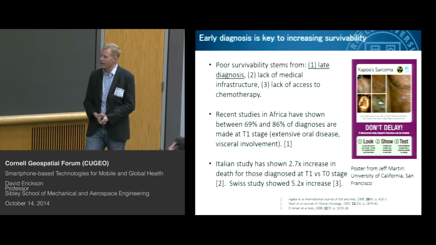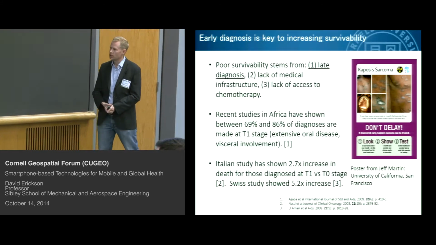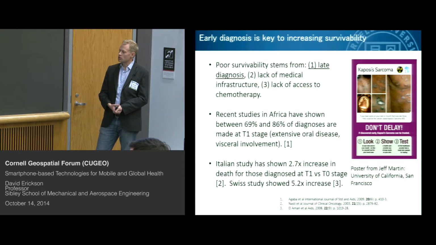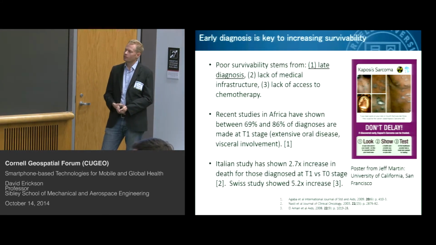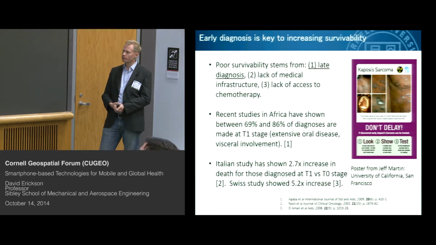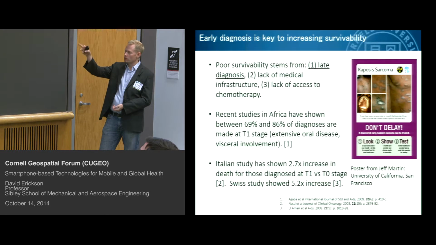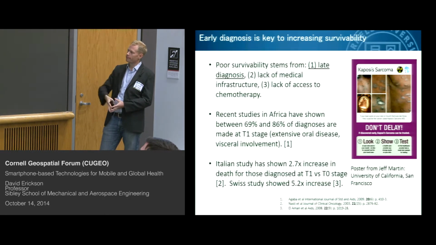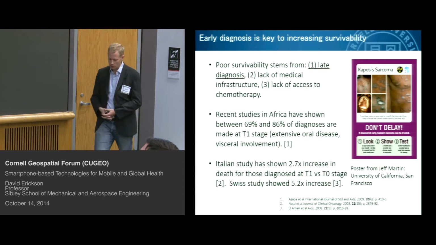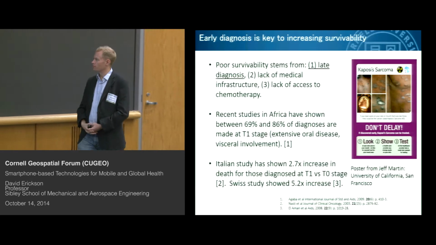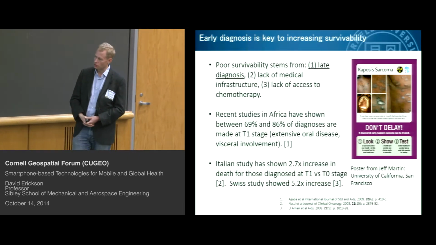If you look at when diagnosis is typically made, some recent studies, this is 2009, something between 69 and 86% of diagnoses are made at T1 stage. You can see this is from an image from Jeff Martin at University of California, San Francisco here. Their efforts try to get people into clinics to push things to an earlier stage.